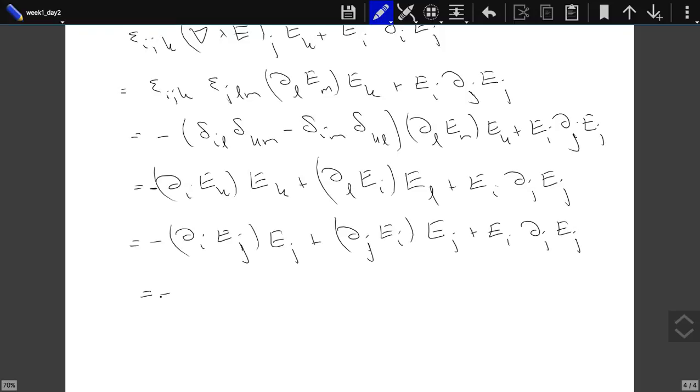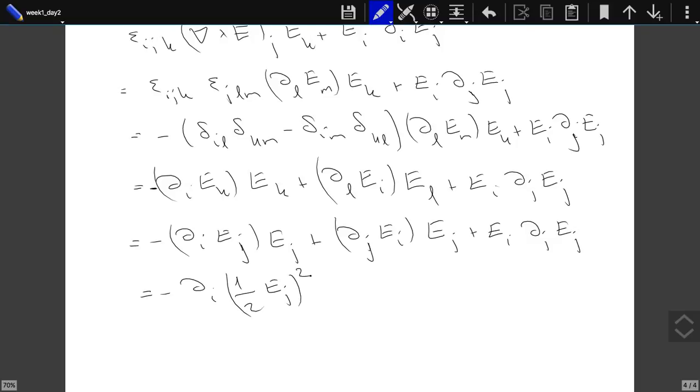This is equal to minus del I. Well, I have two E J's. It's nothing but the derivative of 1 over 2 E J squared, derivative with respect to x i.